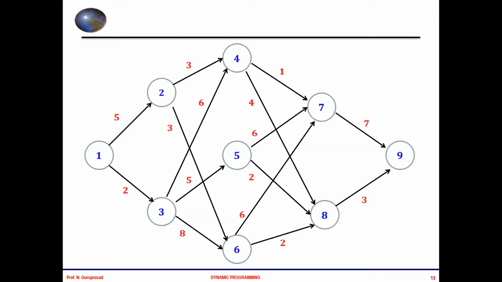So vertex 1 is at stage 1. Understand? Vertex 1 is at stage 1. Then I will draw a vertical line from top to bottom, and this vertical line will pass through vertex 2 and 3. The vertical line that I am drawing from top to bottom will pass through 2, then go to 3 and come down. So in stage 2, I will get 2 vertices, called 2 and 3.